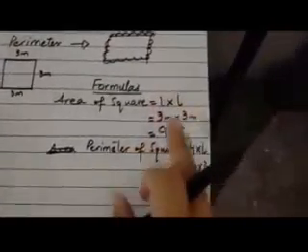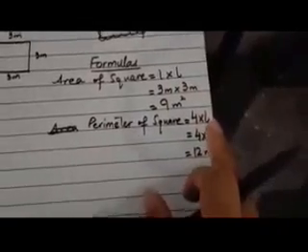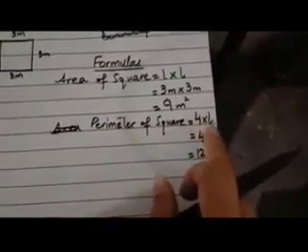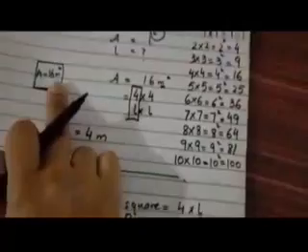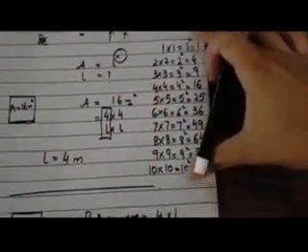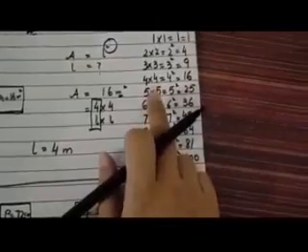In this video you have learned that if they have given the length, you can find the area by multiplying length by length. If they have given the length, you can find the perimeter by multiplying your length by 4. And if they have given the area, you will look at the table of squares, find your number and make the square of these two same numbers.